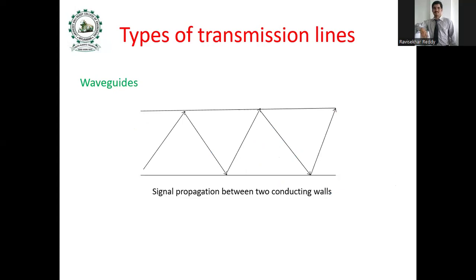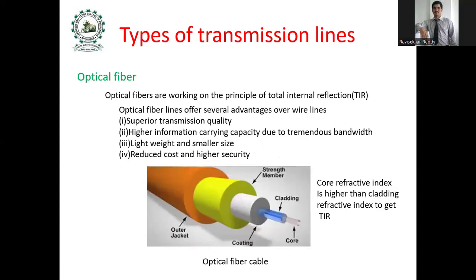So in the waveguide, the signal is propagated between two conducting walls with multiple reflections. Coming to optical fibers, they work on the principle of total internal reflection. The main advantages of optical fiber are superior transmission quality and high information carrying capacity due to vast bandwidth.